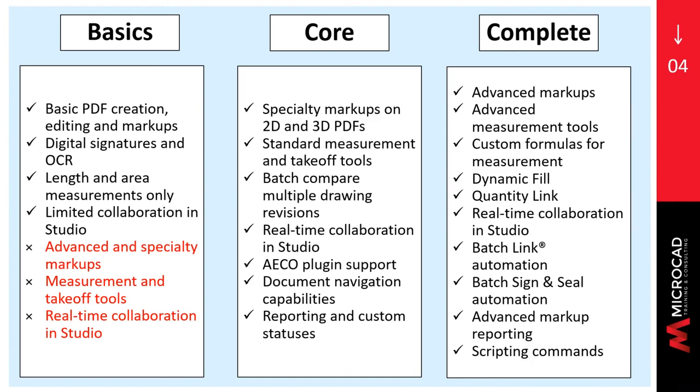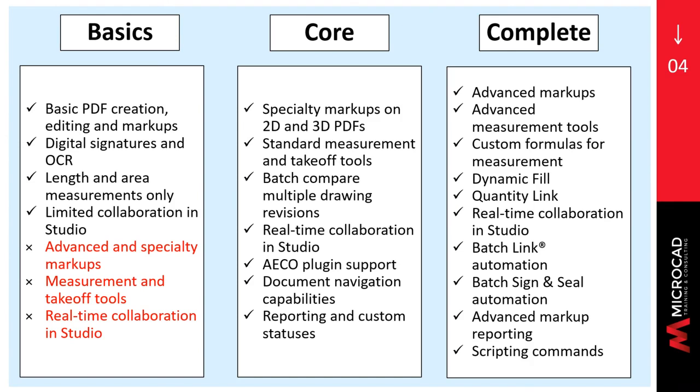Now, the complete version has a couple of advanced tools, and that's where you get a little bit more into the use of the software, because it gives us the batch setup options. Basically, what a batch means is that we have the opportunity to recreate all the tools and commands that we use on a basics and on a core level, but for multiple drawings.